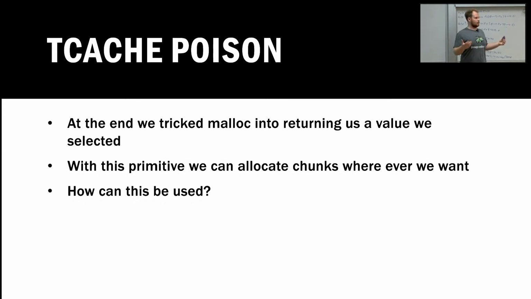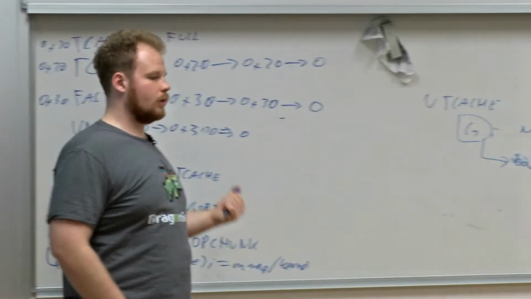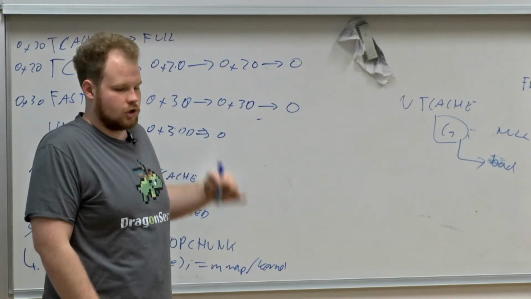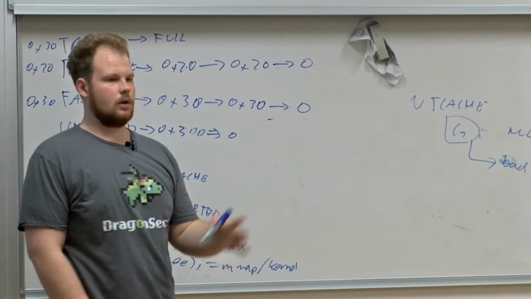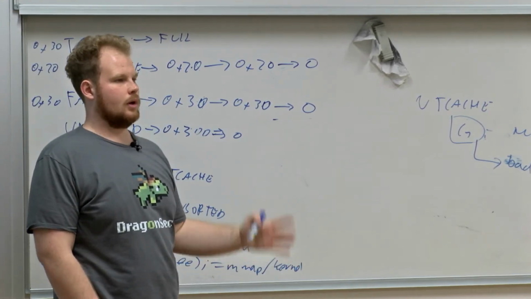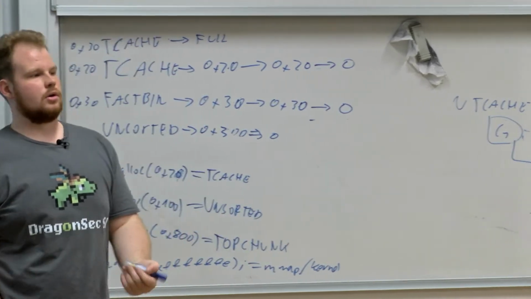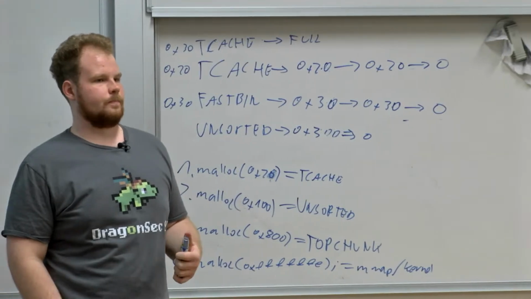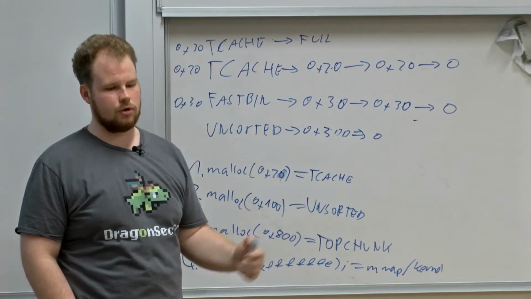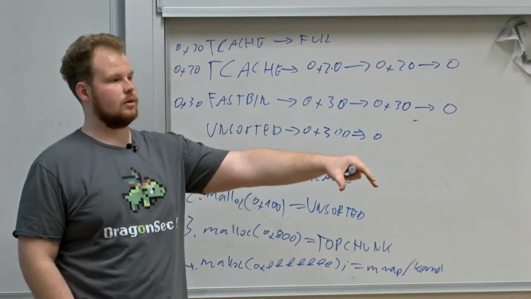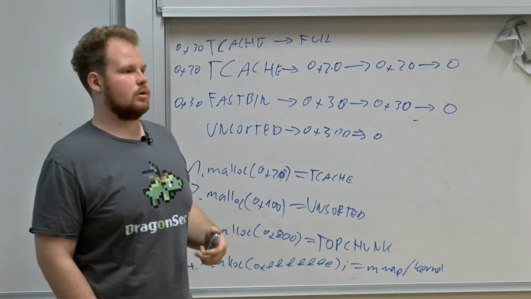In this case, for a proof of concept, we selected 41414141. How can we use that? So we can allocate a chunk wherever we want in the program. Where would you allocate a chunk? And you can also assume that you can write or read to the chunk.